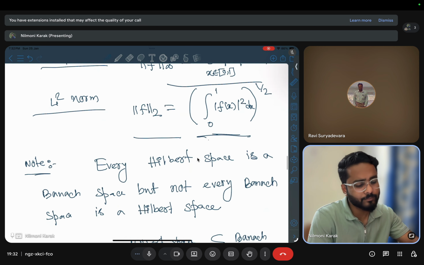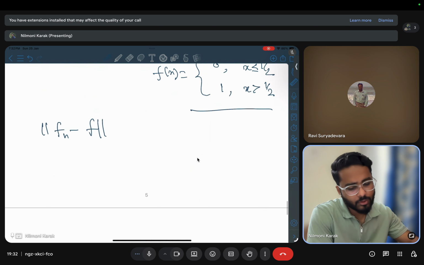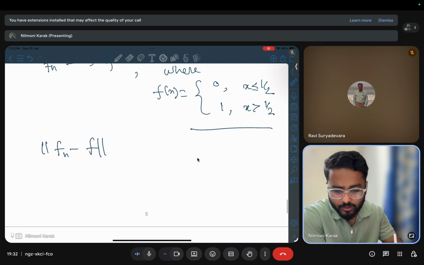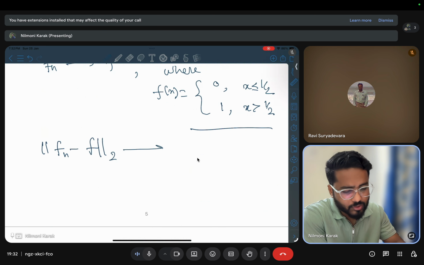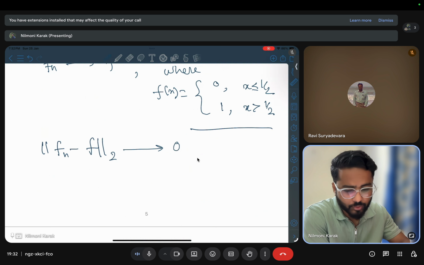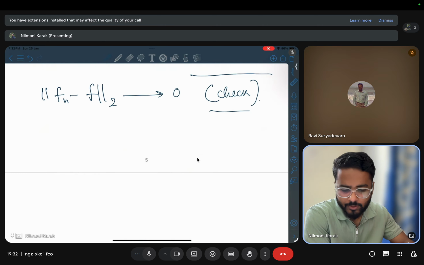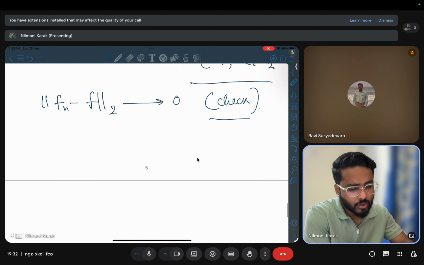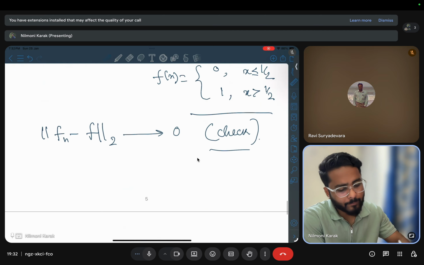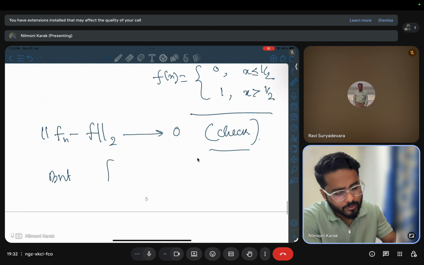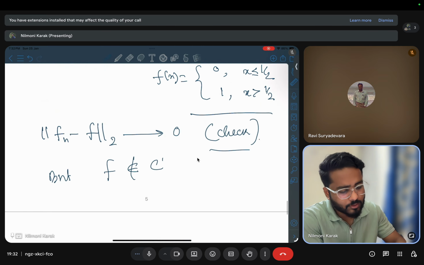This actually goes to 0, you can check. But f is not in C01.